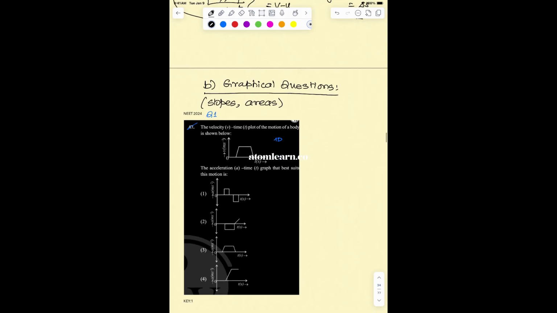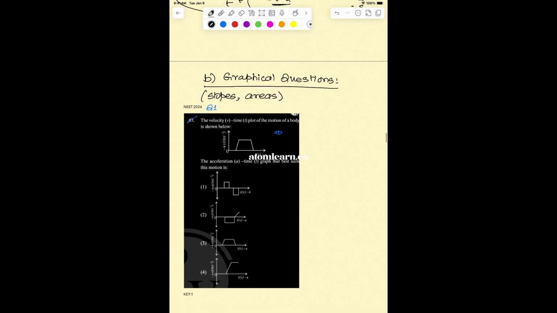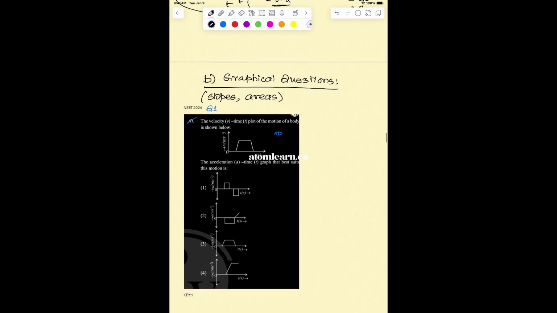With this basis, we will now attack some other kinds of questions which have been asked in the past, especially in NEET. As I said, we are dealing with the fundamental level of the questions. All the questions you are dealing with in this session will be based on past asked questions in the NEET examination. Of course, as I have been saying, there will be a separate session for JEE past questions, which will be slightly more difficult in nature and aimed at JEE preparing students.